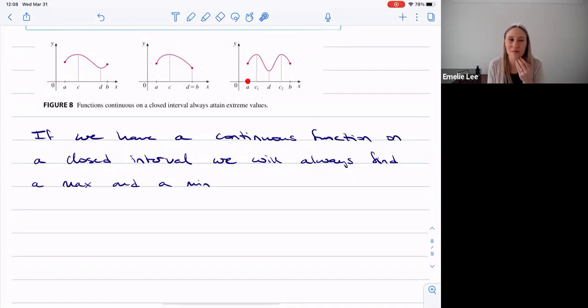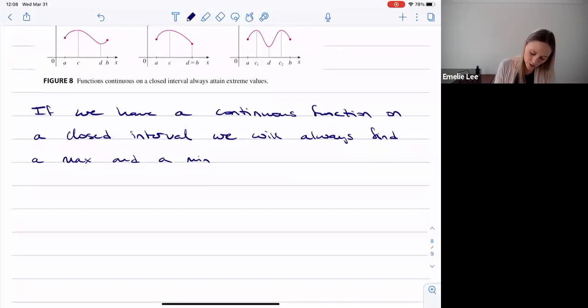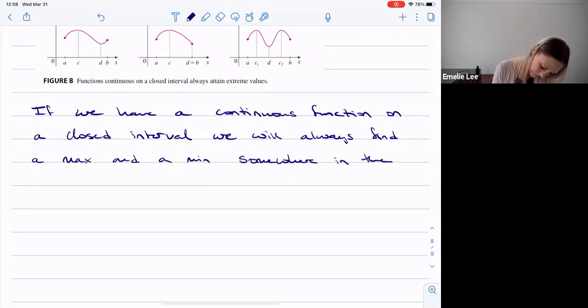You could have more than one maximum if you reach the same output more than once. That's fine. We will always find a max and a min somewhere in this interval, including the endpoints, right? So it could be somewhere in the interval, and it could be at the endpoints.